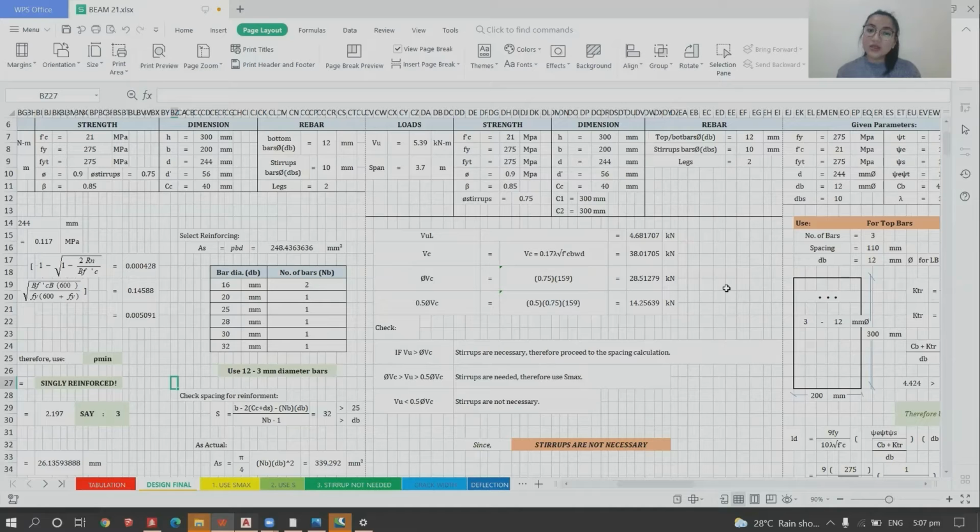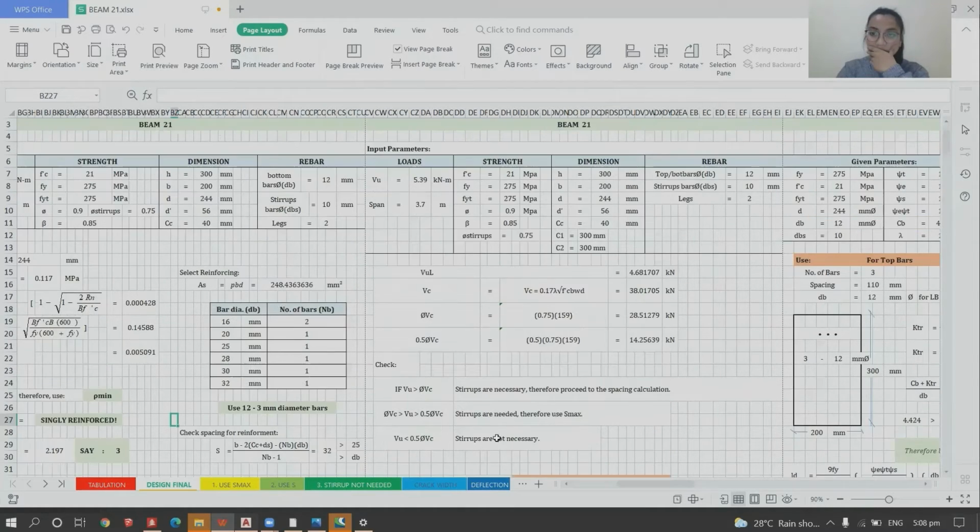To see if Vu is greater than theta Vc, then stirrups are necessary. If theta Vc is greater than Vu, but it's the max, we have here sheet 1. And if Vu is less than 0.5 theta Vc, therefore stirrups are not needed.